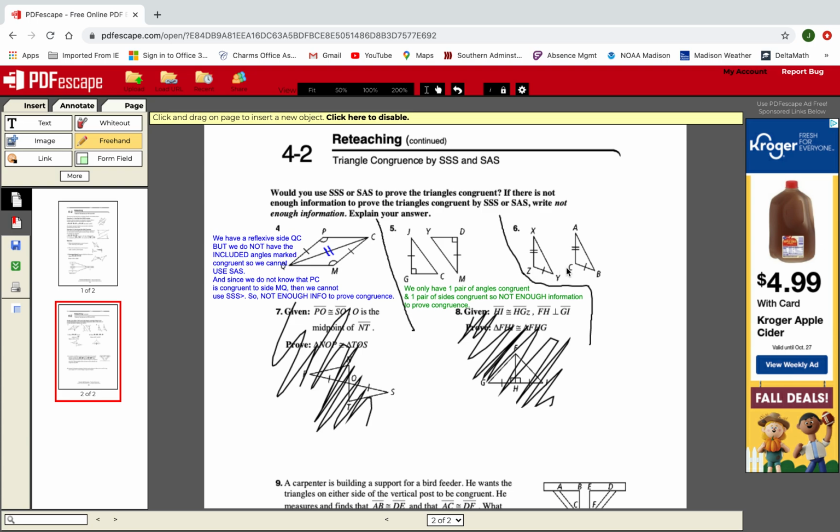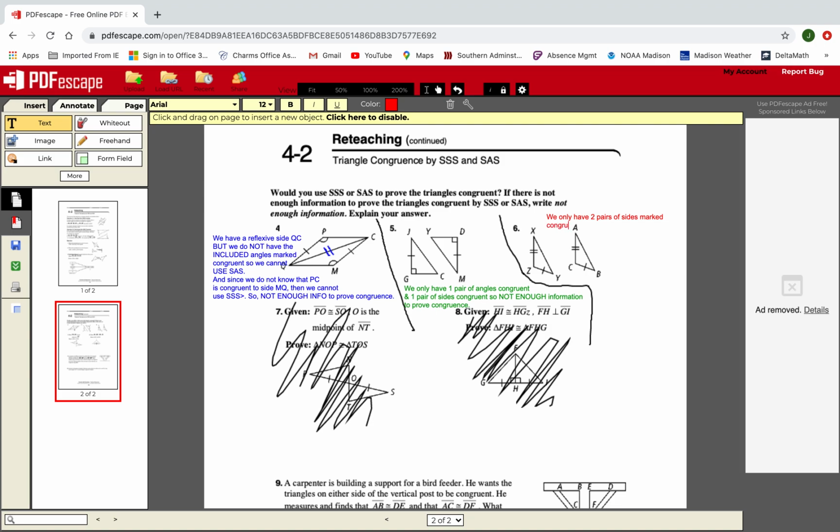We don't have any of the angles marked, so again, not enough information to prove congruence.